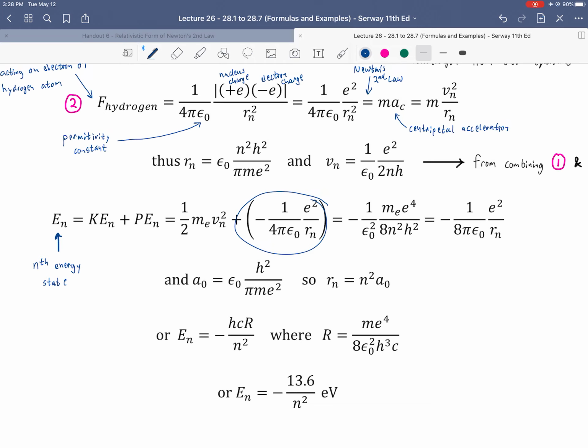And then we've got the potential energy. The potential energy is associated with the Coulomb force. Again, we've seen this before. This would be like the work done to move a charge within an electric field. So why is the potential energy negative? Well, because potential energy for bound electrons is always negative.